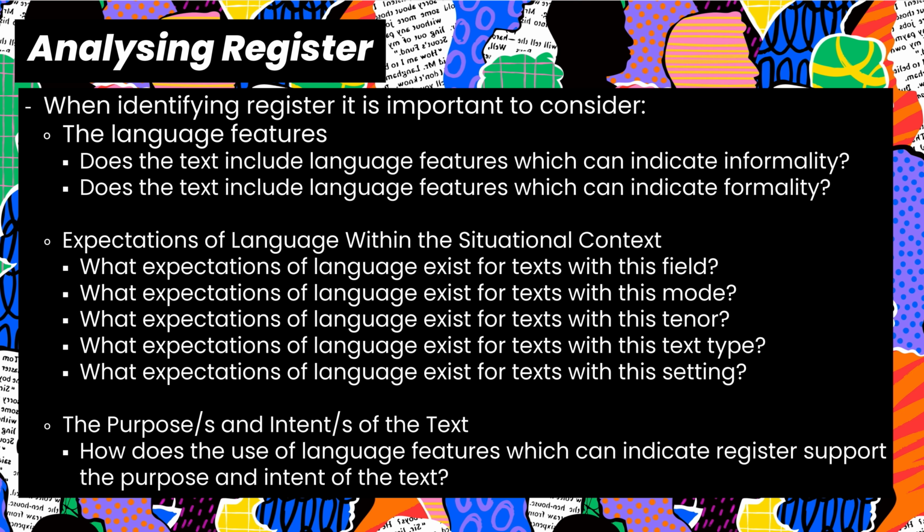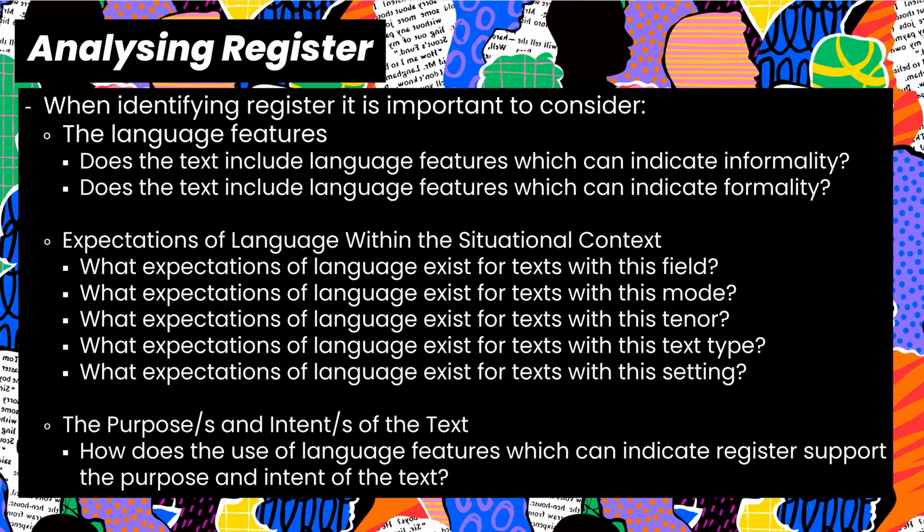So once we've identified the register and we've started to identify the language features in the text, it's really important for us to ask ourselves 3 critical questions and consider the language features, the expectations of language within the situational context of the text, and the text's purpose and intent. So when we're thinking about those language features, it's important for us to consider whether the text includes language features that indicate informality or formality or both, and then to consider how these features are being used within the text.